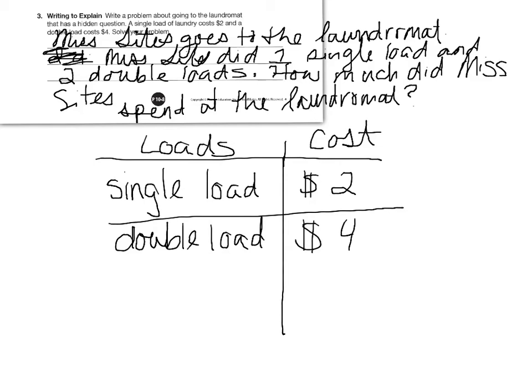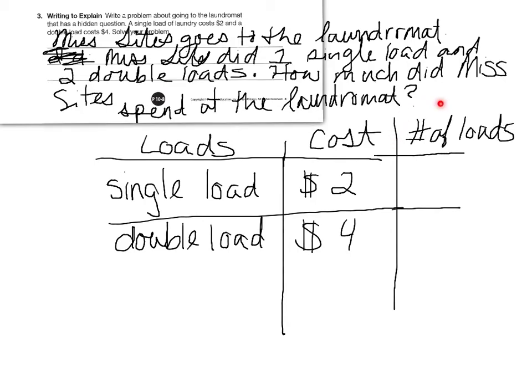So now I have to add one more column to my table. And that column is going to include the number of loads. Remember this, you might be confused by this little thing, it's a pound sign. It's also a pound sign on a phone.